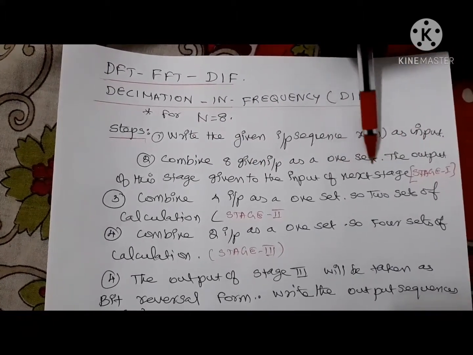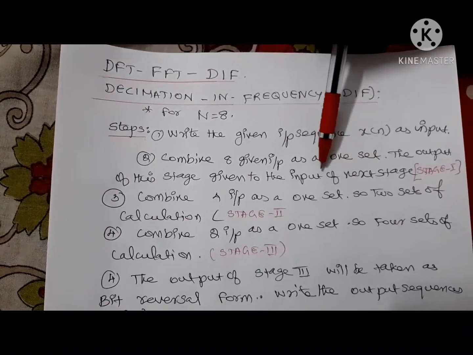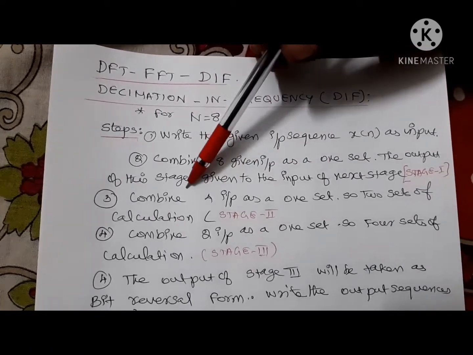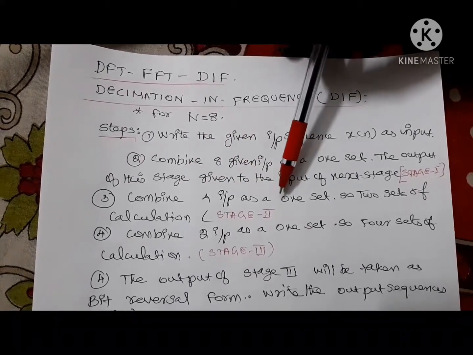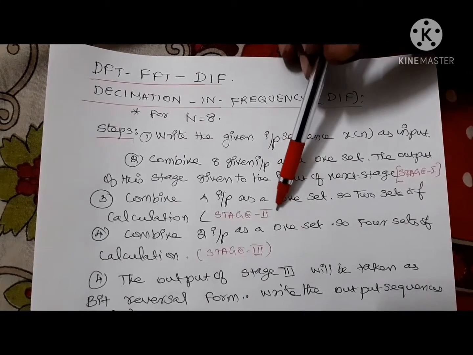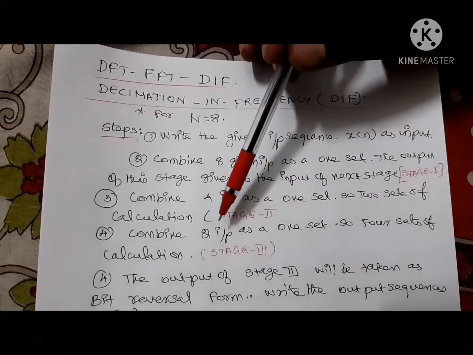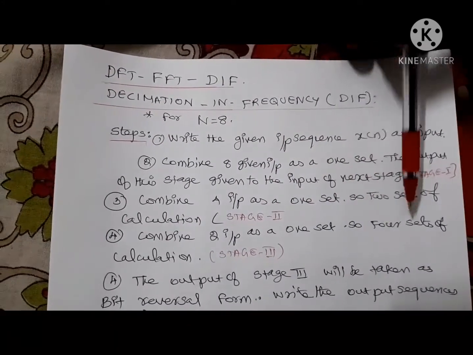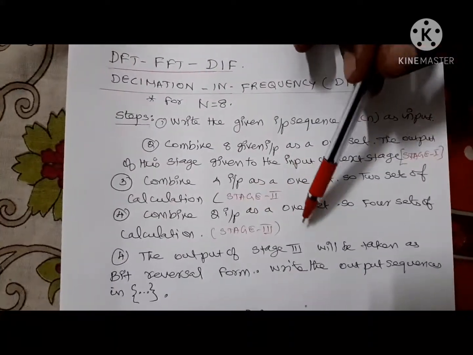So the first stage we consider 8 inputs as one full set. Next, combining 4 inputs as one set, so 2 sets of calculation are required, that is called stage 2. Then combining 2 inputs as one set, so 4 sets of calculation are required in stage 3.